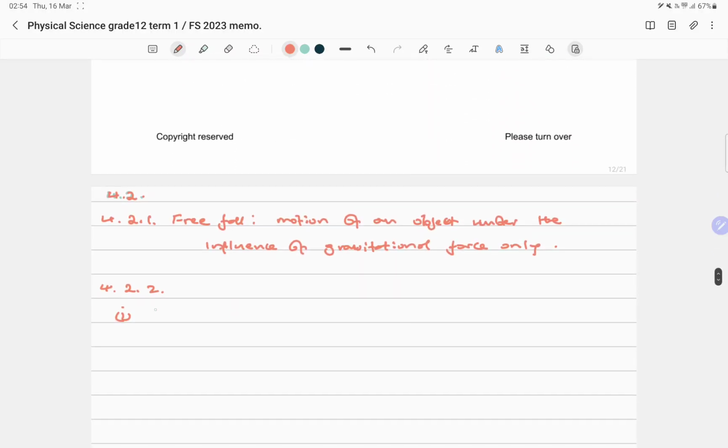So we can use v final equals the initial velocity plus g delta t, because this is nonetheless a free fall. Which implies that 0 is equal to 12 plus minus 9,8 delta t.